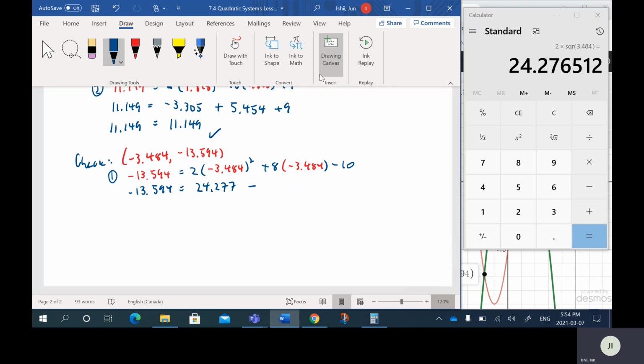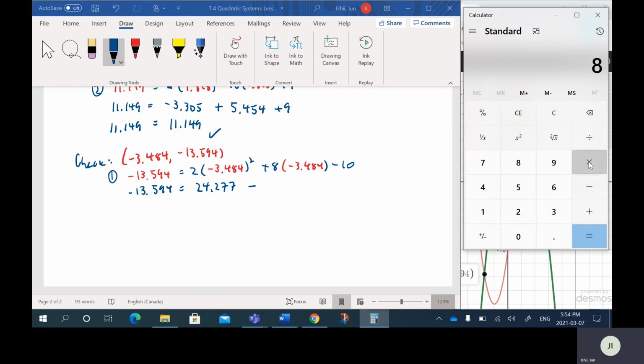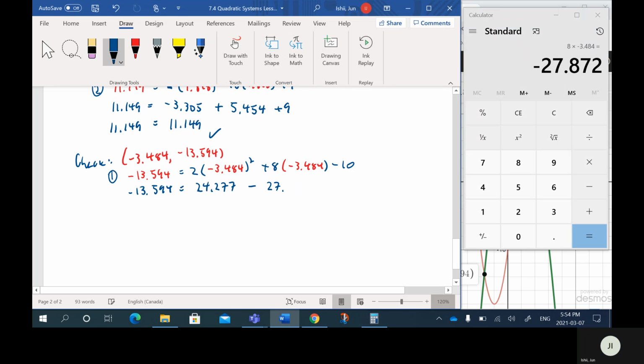All right. So 8 times negative 3.484 equals negative 27.872. And then we have the minus 10. All right, so let's see what we get here.